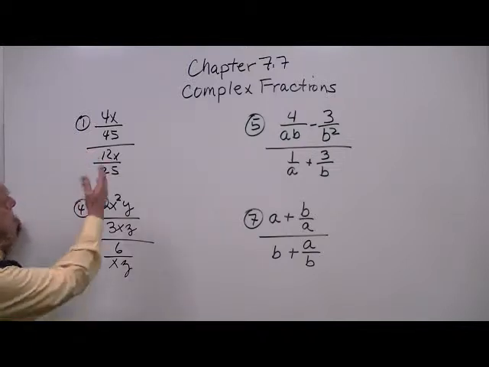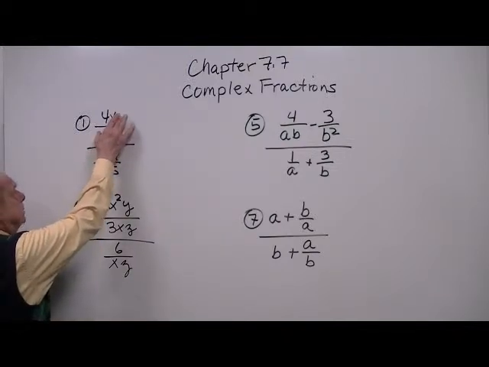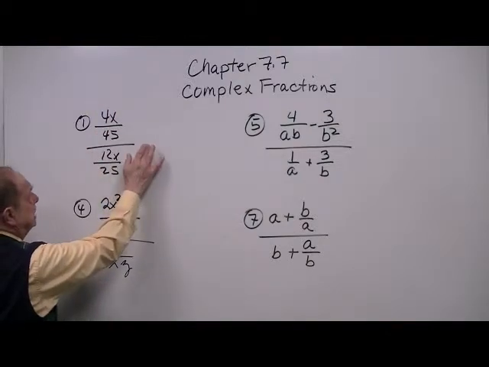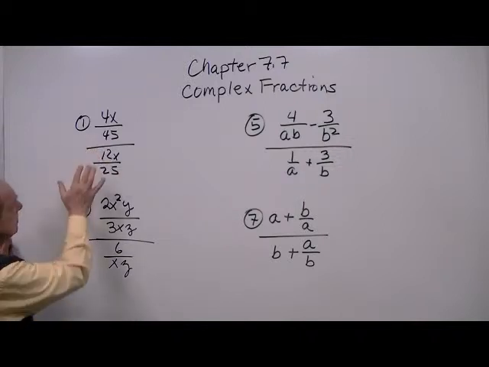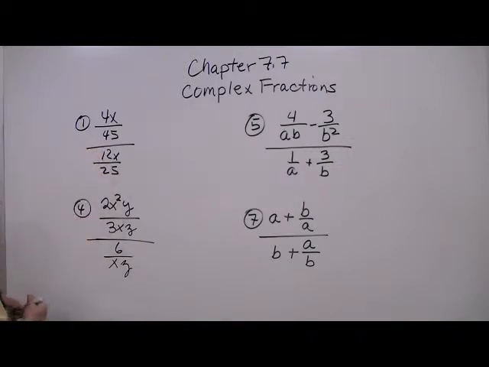Now, if you look at this, it's saying this fraction divided by this fraction. So if you see something like that, the best way to treat it is, let's show you what it's like here.